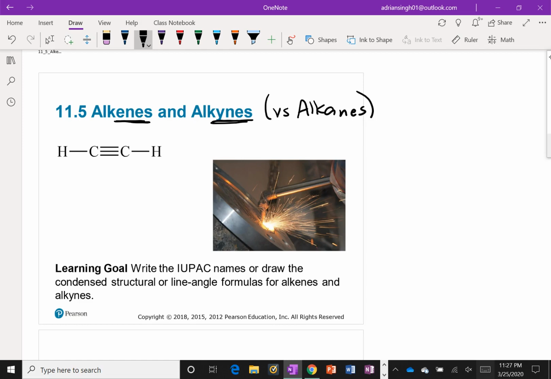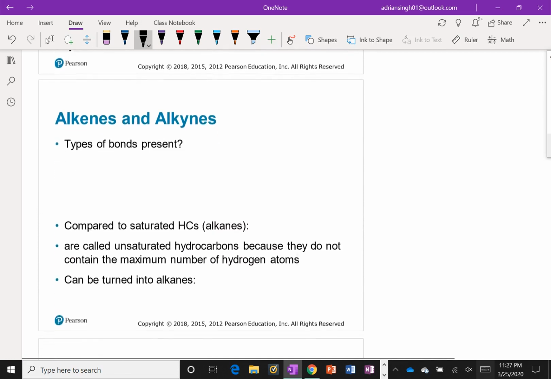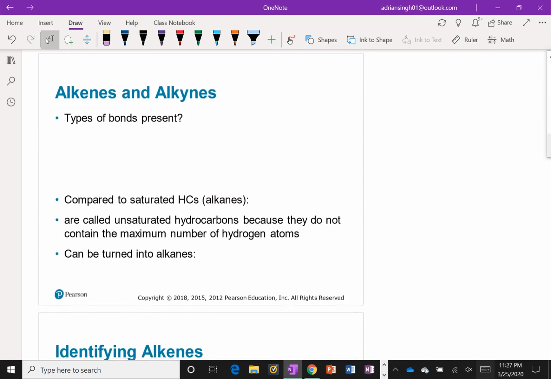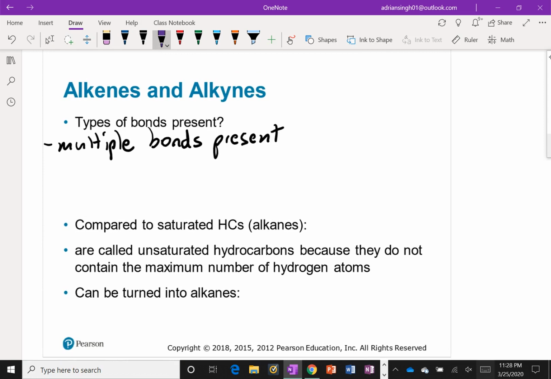All right, so the difference between the alkenes and the alkynes compared to the alkanes is that in these two families, we're going to see different types of bonding. Specifically, we're going to see multiple bonds present. What I mean by that is, for the alkenes, we're going to see carbon-carbon double bonds.